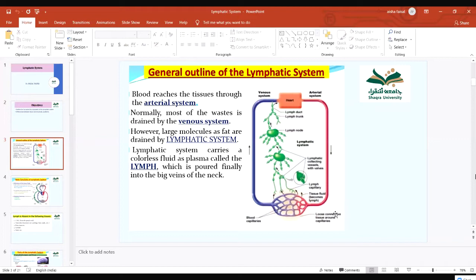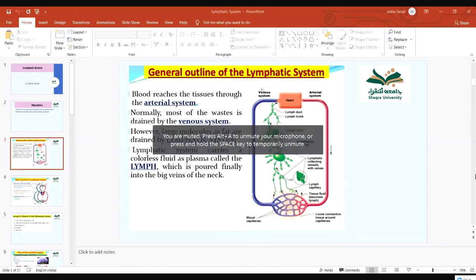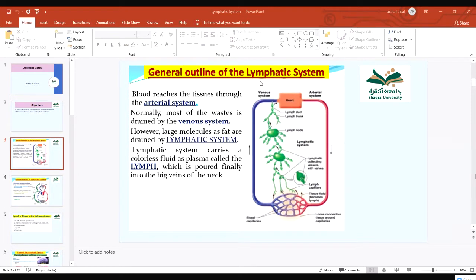So what is happening inside the body? We have a circulatory system, and this circulatory system is constantly pushing the blood from the heart towards our body organs. In the body organs, we have tissues made up of cells. So there is a constant exchange of material between the blood and these cells.